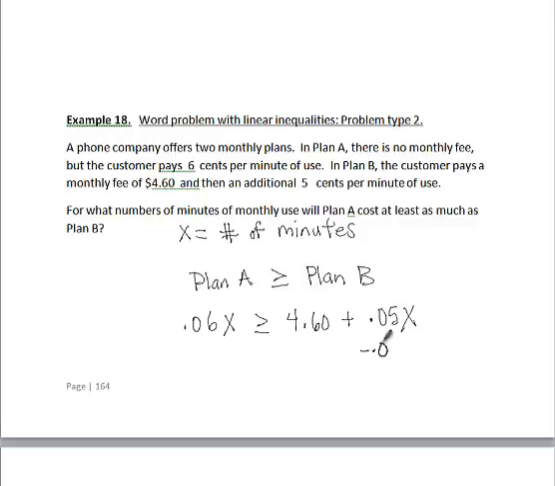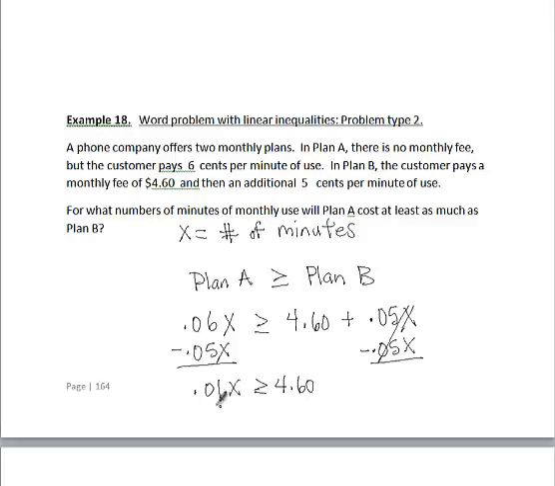We want to combine them. I move the smaller coefficient variable term, 0.05x, which cancels on the right, and then we get 0.01x.